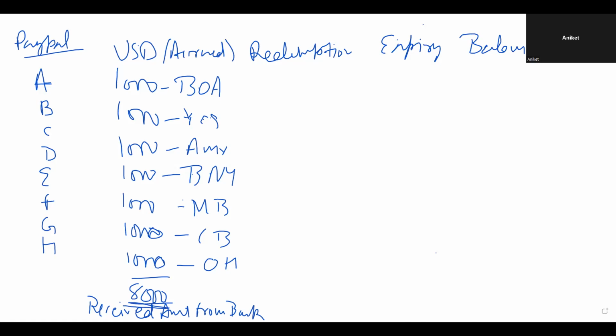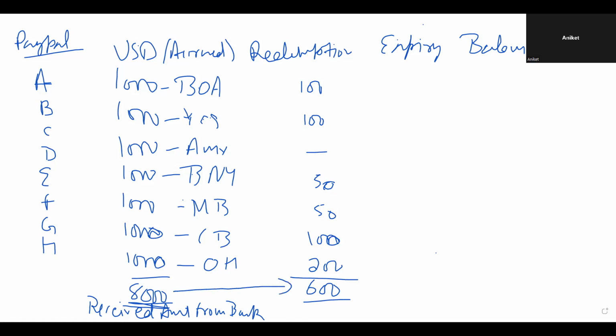And out of which, let's say A has redeemed $100, B has also redeemed 100, C has redeemed nothing, D has redeemed, let's say, $50, E has redeemed $50, he has redeemed, let's say, $100, and he has redeemed, let's say, $200. What is the total redemption? So 100, 200, 600, 500, 600, right? 600 is the redemption. That means out of this $8,000, this PayPal company needs to pay $600 for the redemption.